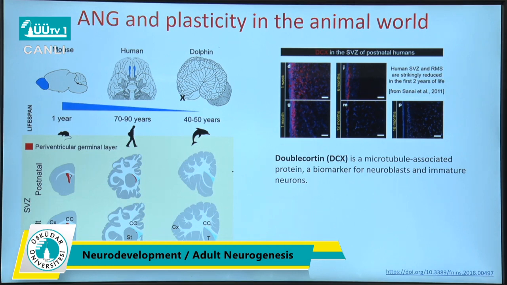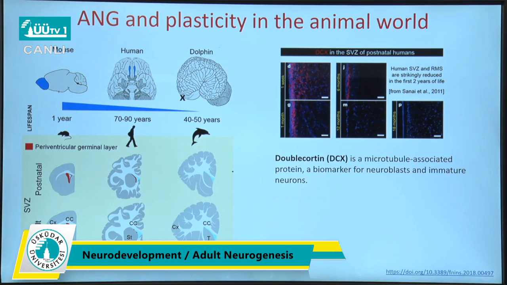One question would be, is it because of our lifespans? A mouse would generally, on average, live for a year or maximum a few years. On the other hand, humans can live up to 70 to 90 years. So the time that passes is much larger.